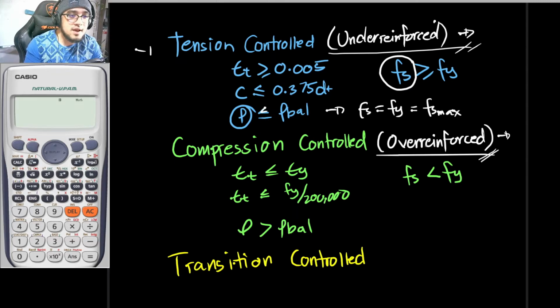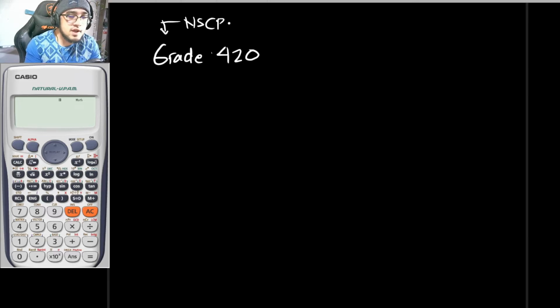So for example, let's say that the grade of your steel is grade 420. By the way guys, this is a new grade from NSCP. So Fy is equal to 420 megapascal.